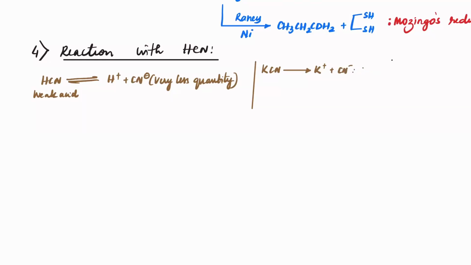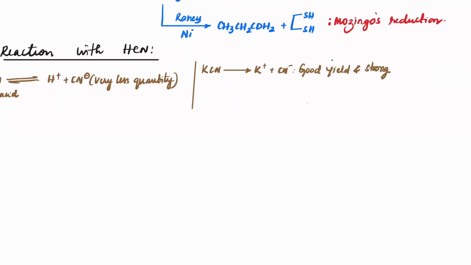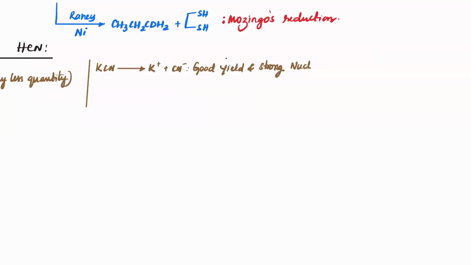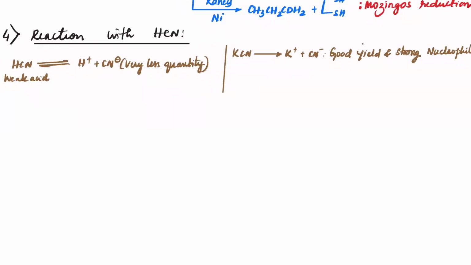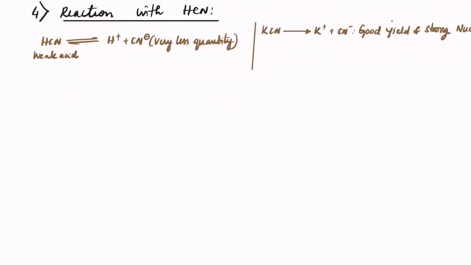So now this is a good yield and a strong nucleophile. Okay, clear. So that would help make the reaction faster. So how does the reaction work?